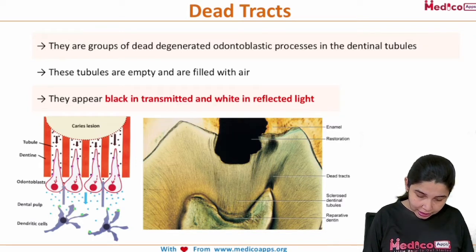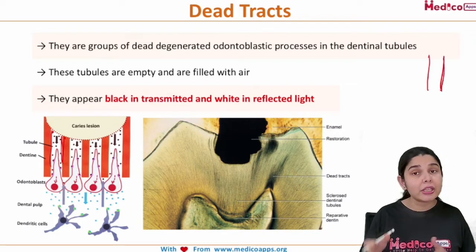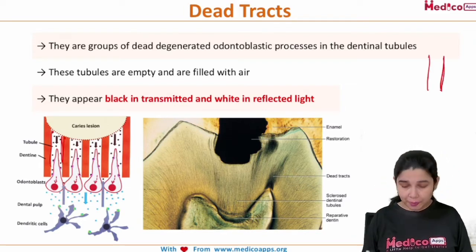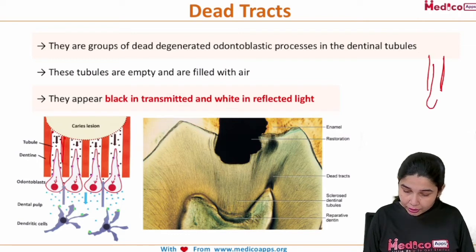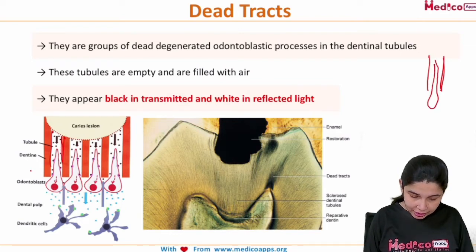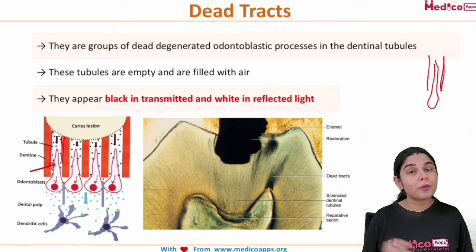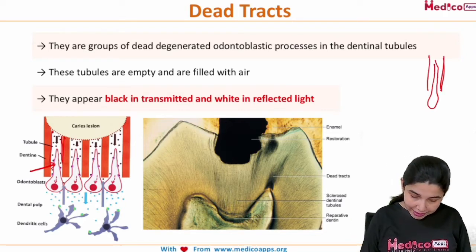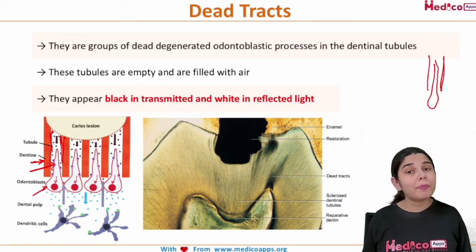If this is a dentinal tubule, it is a hollow space, and it contains the odontoblast process. As you can see, these are the odontoblast processes. This is dentine, this hollow space is a dentinal tubule, and inside it goes the odontoblast process.